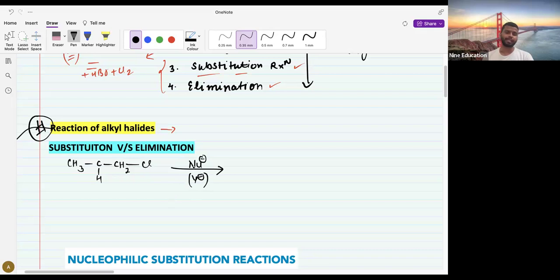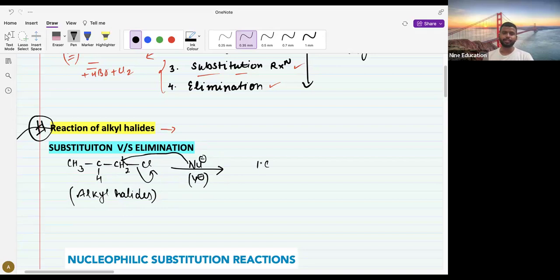Today we will study the reaction of this alkyl halide with chlorine with an attacking reagent. If this nucleophile goes and attacks this carbon and removes the chlorine from here.